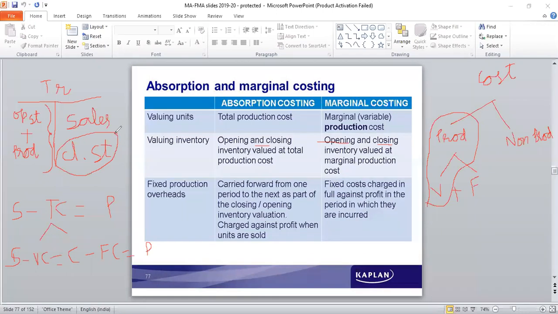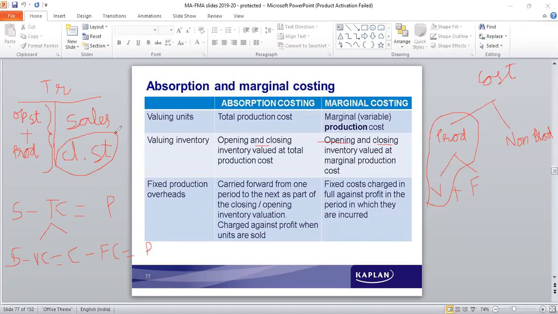Simple, logical. But marginal costing, or variable costing as we also call it, says that because fixed cost is fixed in nature, it should not be considered for decision making. Only the variable production cost should be charged to the ending inventory.